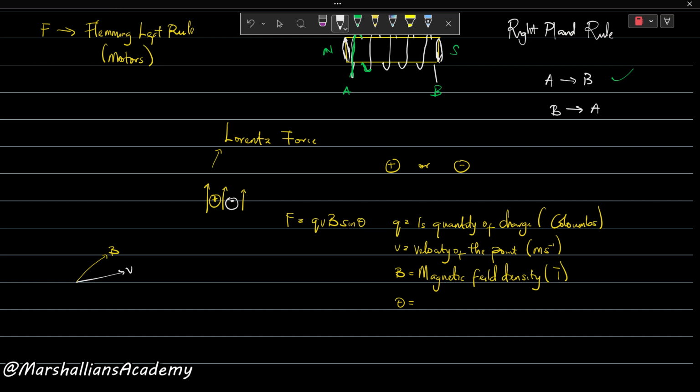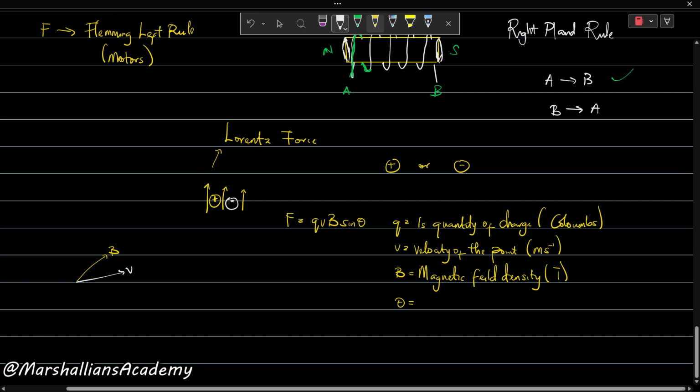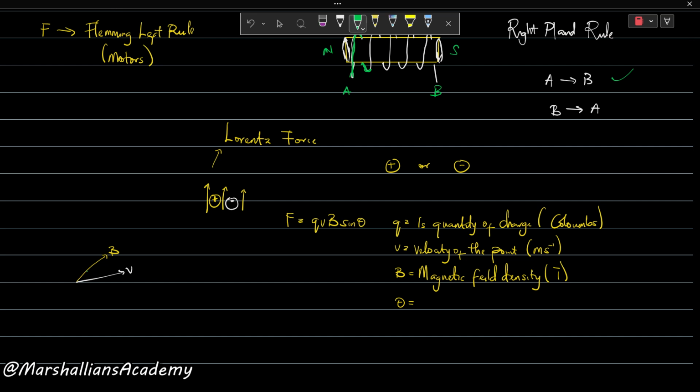So the velocity of the point charge, however it is moving, and the magnetic field, the angle between them is theta. So let me write it: angle between B and V. Have it together.